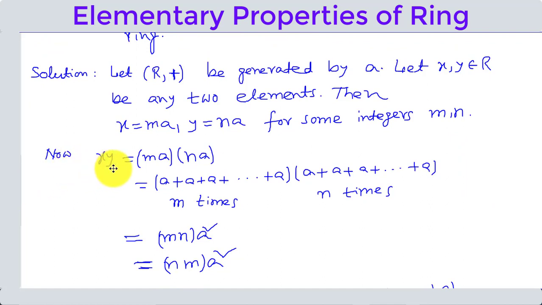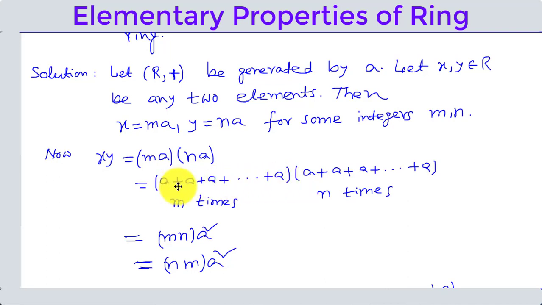Now, x·y, where x = ma and y = na. So xy = (ma)·(na). Here ma means a + ... + a, which is m times, and na can be written as a + ... + a, n times, because R is a group under addition.